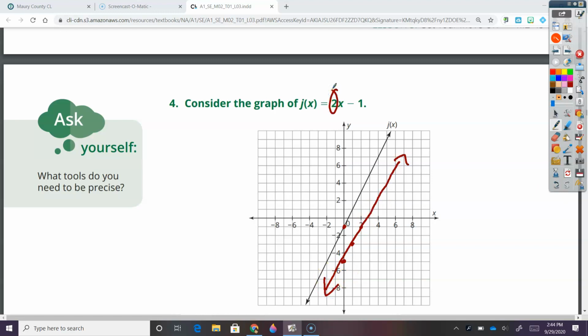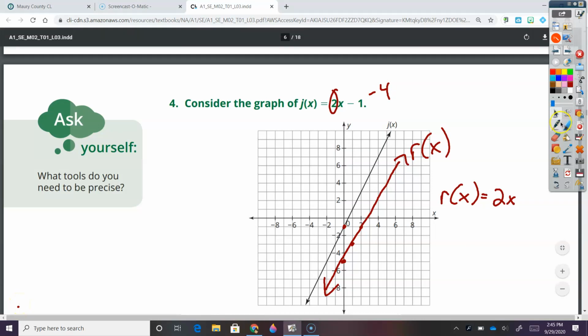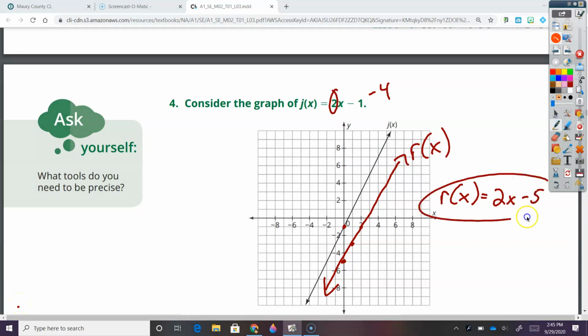I'm going to keep the same slope because all I did was translate it up and down my y-axis. So this is r of x. So r of x equals 2x. And I went down 4 units, so it's -1 minus 4. So my new y-intercept is going to be -5.